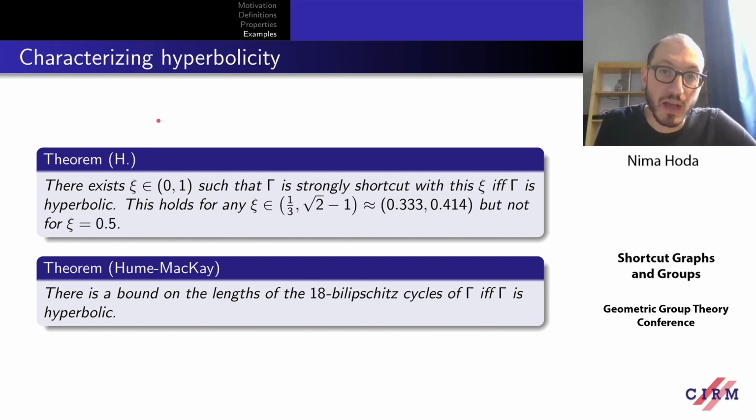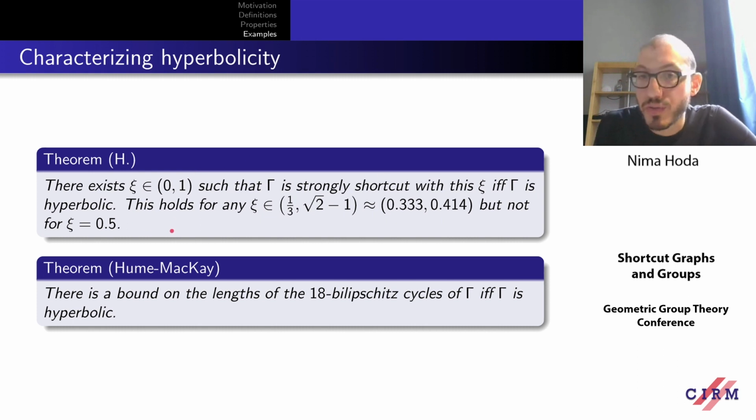But it turns out that there is a psi such that if gamma is strongly shortcut with this psi, then it's hyperbolic, and that's if and only if, because there exists this psi that's greater than 1/3.